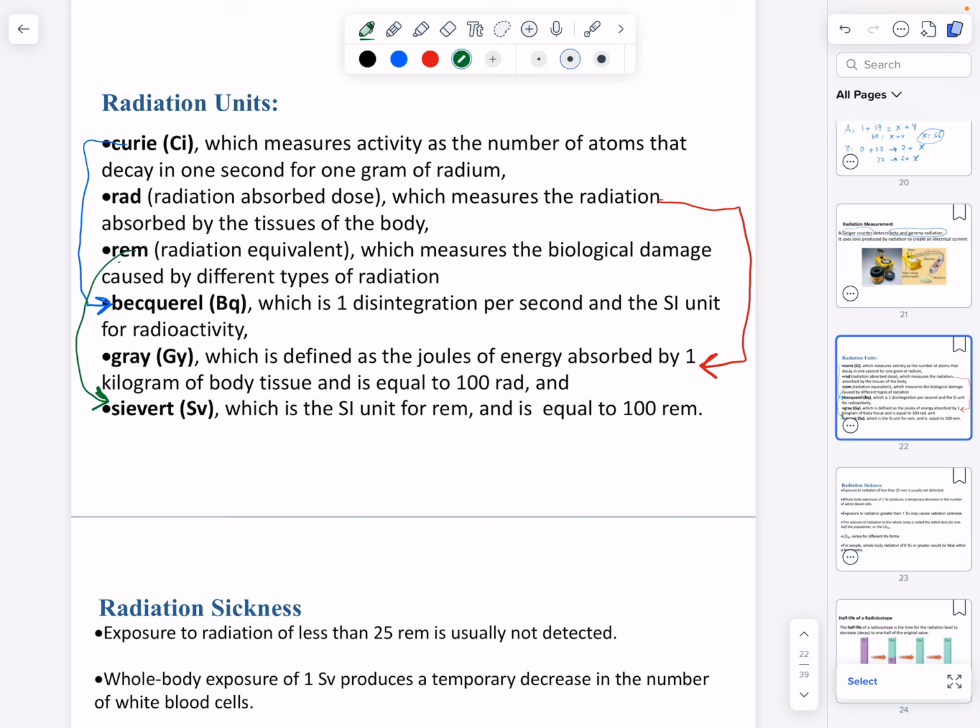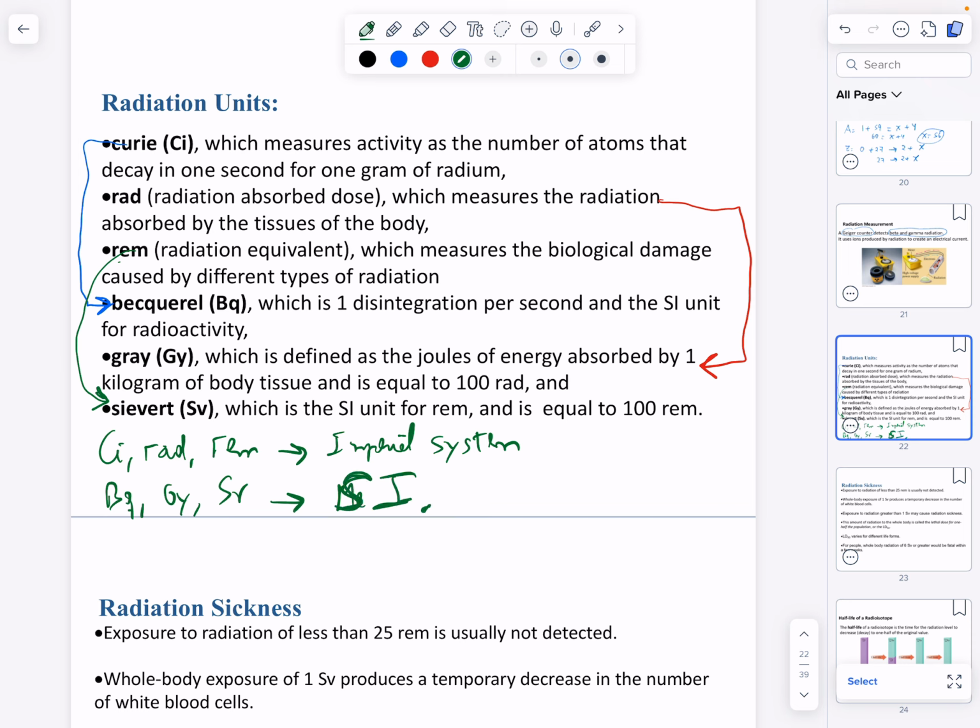So the Curie, the rad, and the rem are the imperial system, and the Becquerel, the gray, and the sievert are the metric or international system. That's the metric.